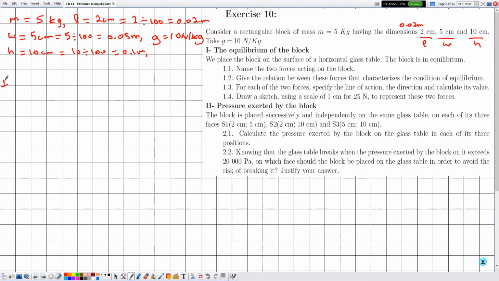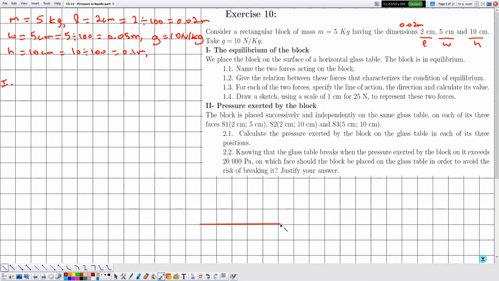Number 1, equilibrium of the block. We place the block on the surface of a horizontal glass table. So let me here do a small sketch. So suppose that this is the table, and this is the block.